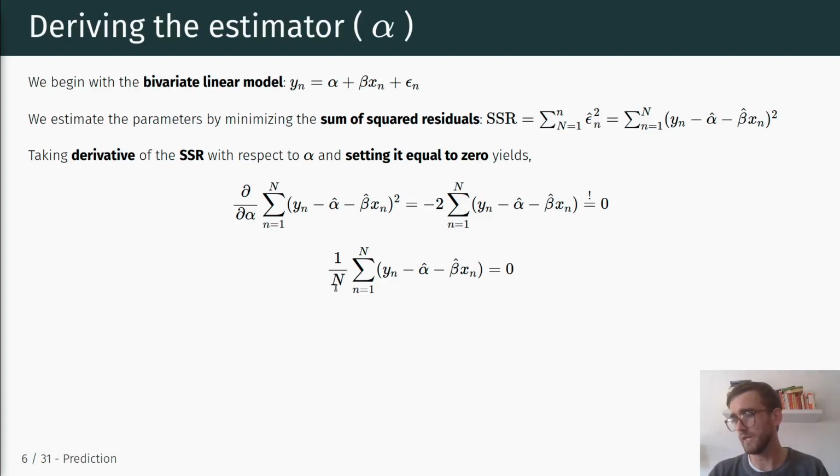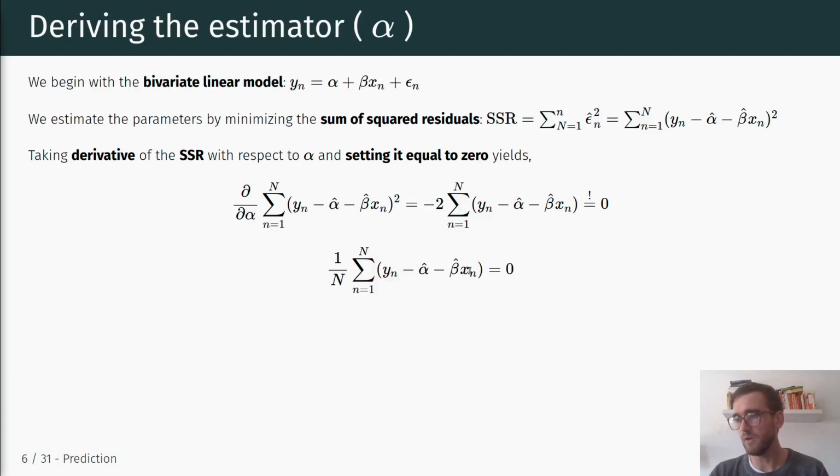1 over n of the sum n equals 1 through n of minus alpha hat. Now alpha hat is constant across all n's, right? So this is just n times alpha hat divided by n, so this just drops, this just stays alpha hat, and then we have our minus beta hat xn, and here the same argument applies that we had with yn.